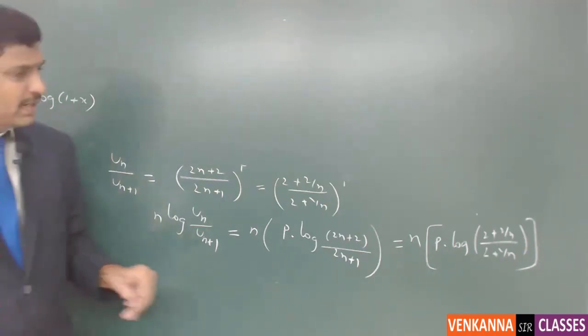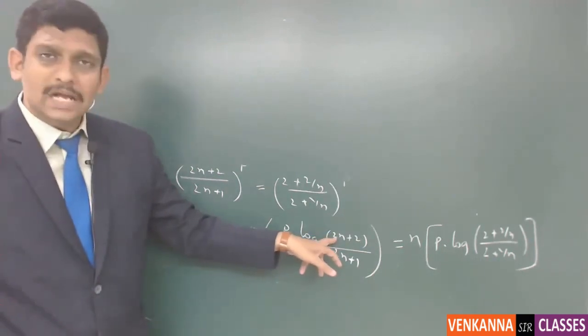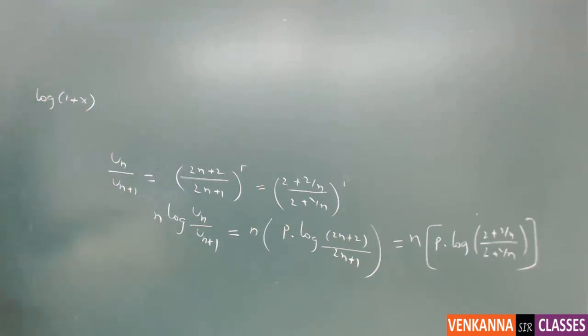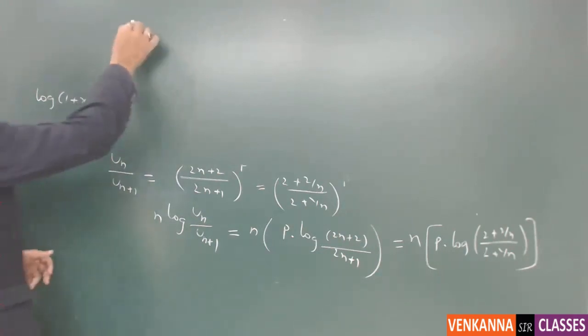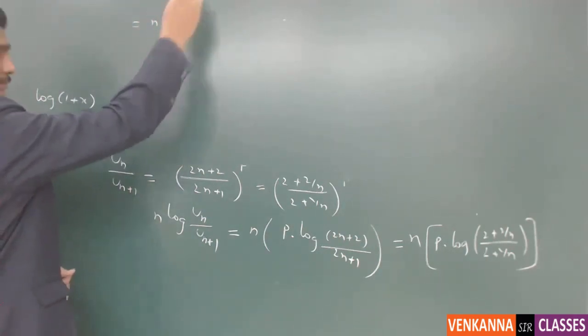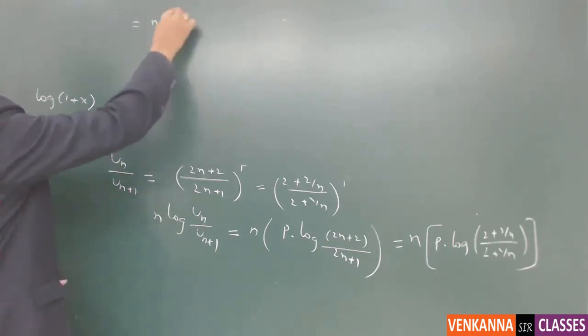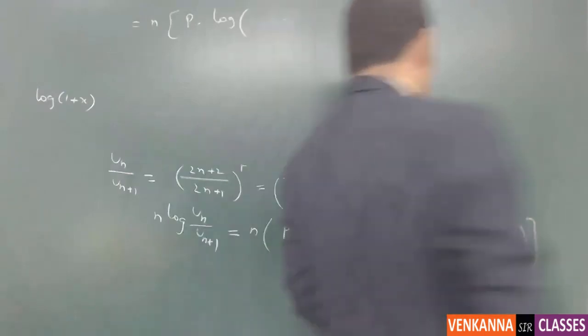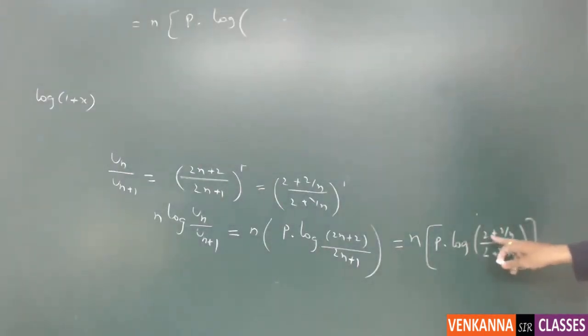Apart from taking 2s common, I can take 2n common there, right? So this will be equal to n into p into log of, if you take 2 common here, it will come as 1 plus 1 by n, and 1 plus 2 by n.